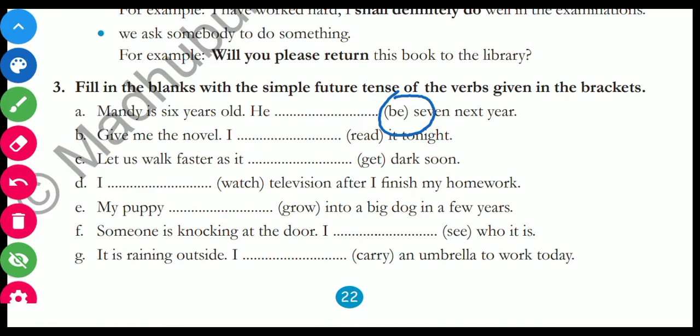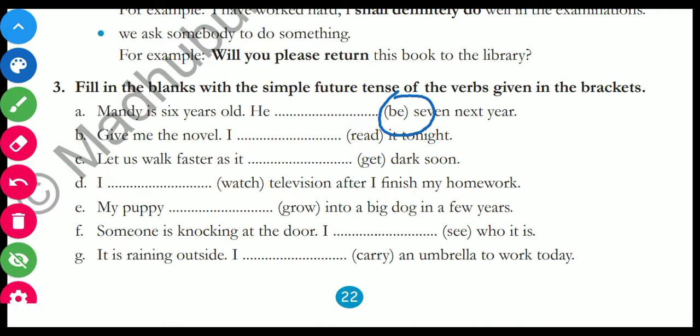Be के forms क्या होते हैं? So always remember, wherever we are talking about English grammar, and when I ask what are the forms of be, so you'll have is, am, are, was and were. These 5 words are forms of be. ये हमेशा याद रखना है, ठीक है?